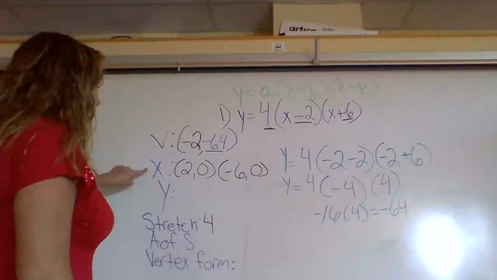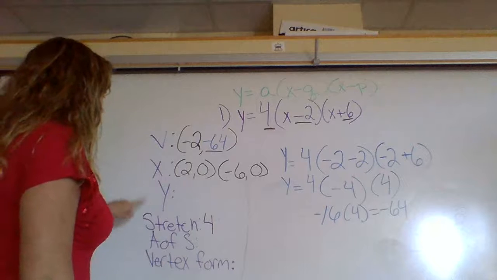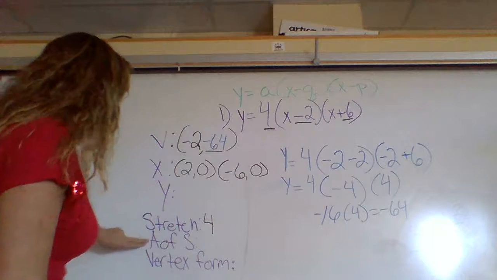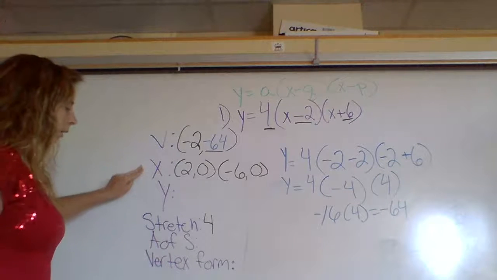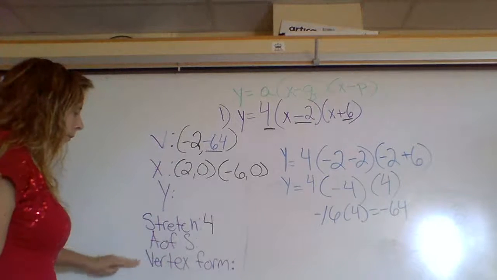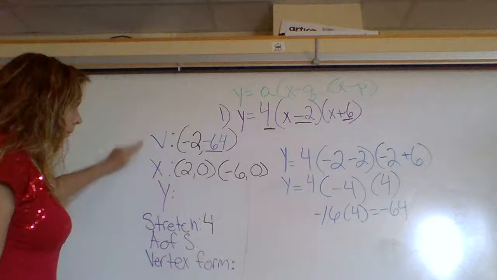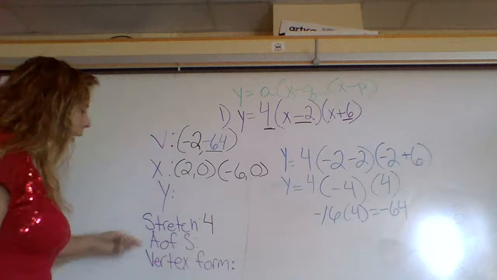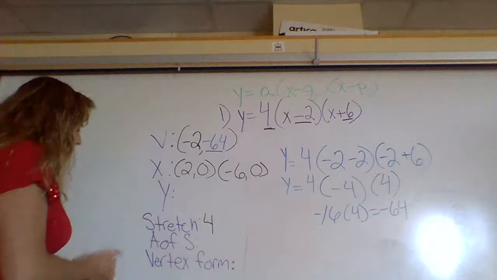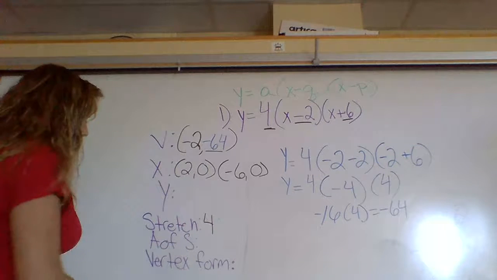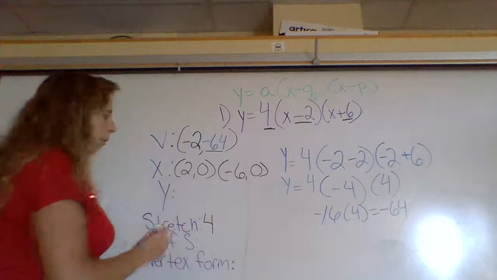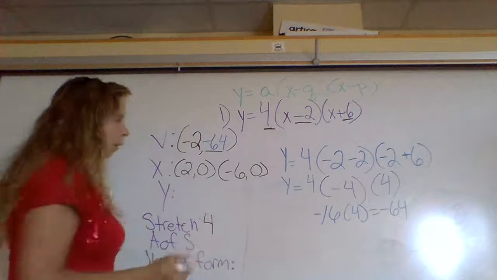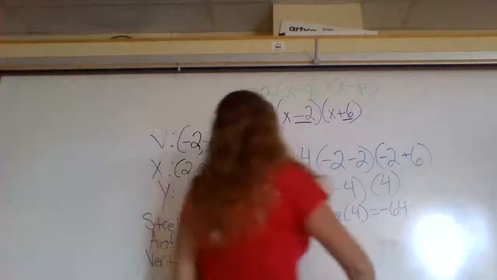We figured out our x-intercepts already. We'll come back to this. Now that you know your vertex, what else can you find fairly quickly? Your axis of symmetry. Your axis of symmetry is just that straight line that goes through your parabola.